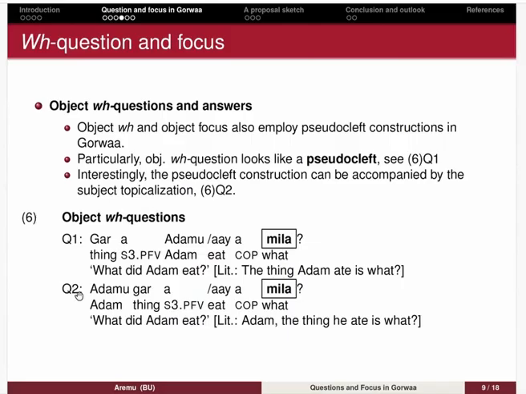And secondly, you can also ask an object WH question with what you find in Q2. And what is interesting in Q2 is that you still have a pseudo cleft, but it seems that you have a topicalization of the subject, right? So if you compare Q1 and Q2, you notice that in Q1, Adam follows the thing, right? But in Q2, what you find is now Adam preceding the thing.